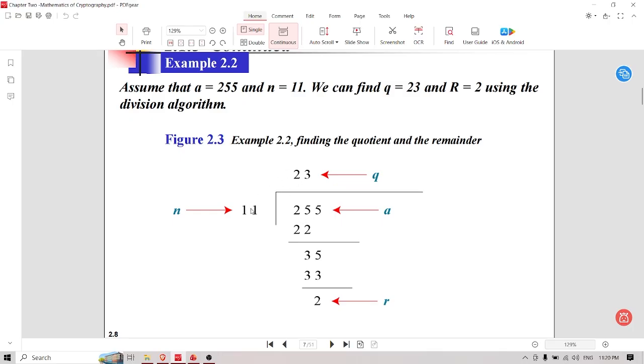Now 2 multiplied by 11, we will have 22, 3 is remaining. We will bring down the 5 and we will have 35. Now 3 multiplied by 11, we will have 33 and the remainder is 2. Now this remainder is 2 and the dividend is 255, divisor is 11, and quotient is 23.